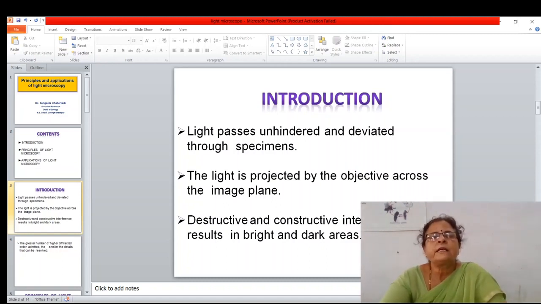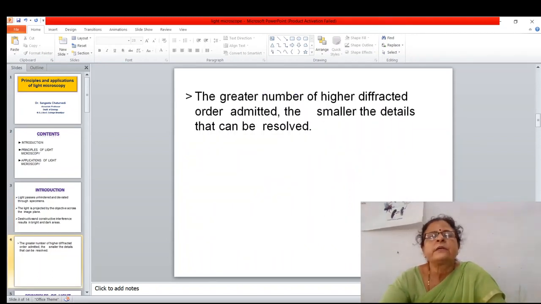The light passing unhindered and deviated through the specimen is measured as phase differences. We have many types of light microscopes, and we will take them one by one as topics differ. The amount of light diffracted, the order admitted, and the smaller details which are resolved are magnified and studied in different types of microscopes.